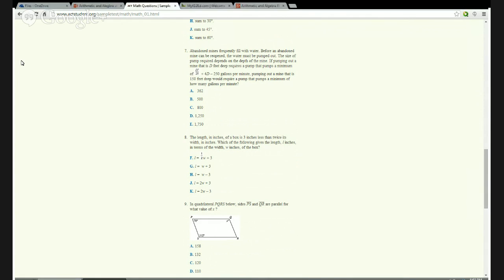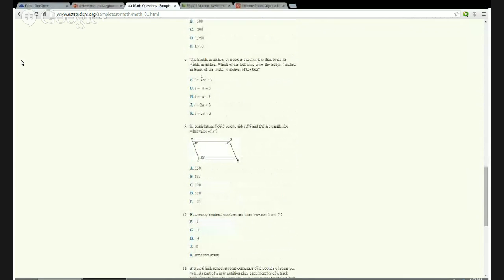And if you remember those rules, there are certain rules that tell you they either add up to 180 or they're equal. And since they're going to be on the same line as the transversal, they're going to add up to 180. So if the angle there at P is 70, the other angle is going to be 180 minus 70, which would be 110. So the answer there is D.